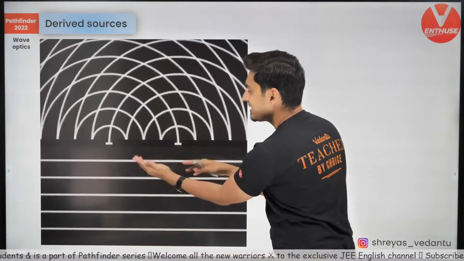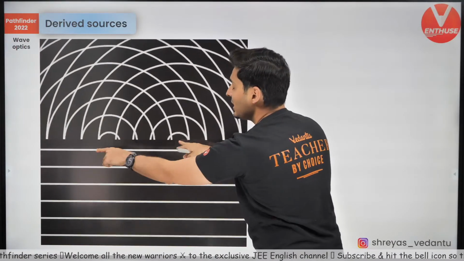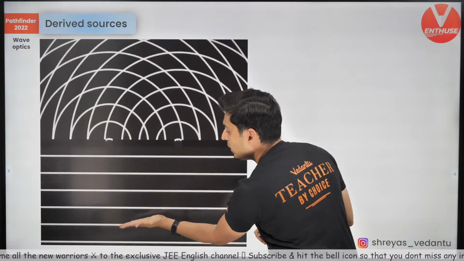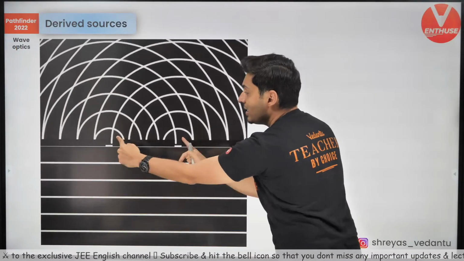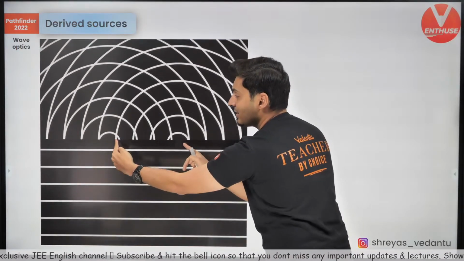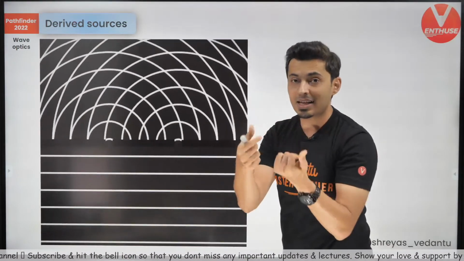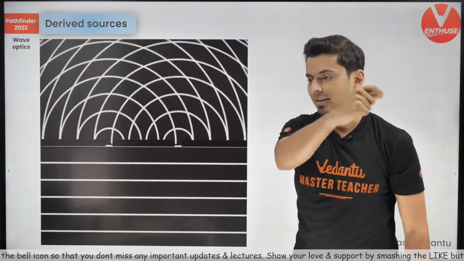They hit one slit here and here. So there are two slits, and you can see new wavefronts being generated from here in sync, because you can see that this entire wavefront hits both the slits simultaneously. Hence, both of these sources, which are now the secondary or the derived sources, will be coherent.